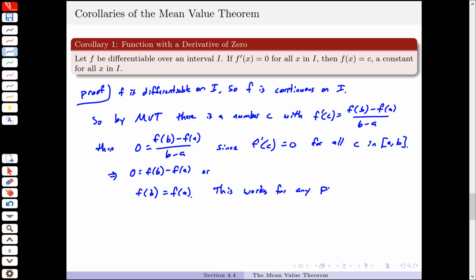So this works for any pair of points a and b in the interval I. So if I say, okay, mean value theorem, go to work on all infinitely many pairs of points that you can have, I can show that any 2 points you pick in the interval have equal function values, then it has to be a constant because everything is equal, right? So f of x equals c. All right.